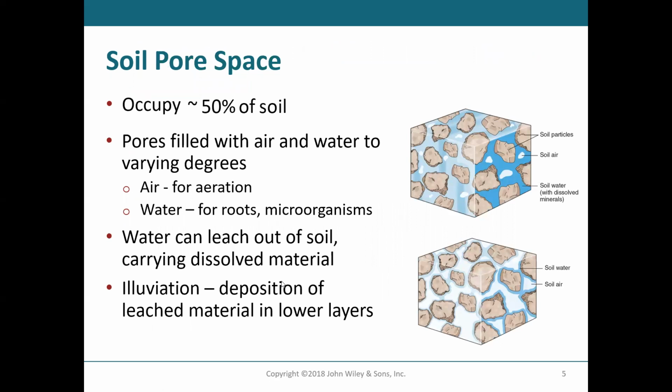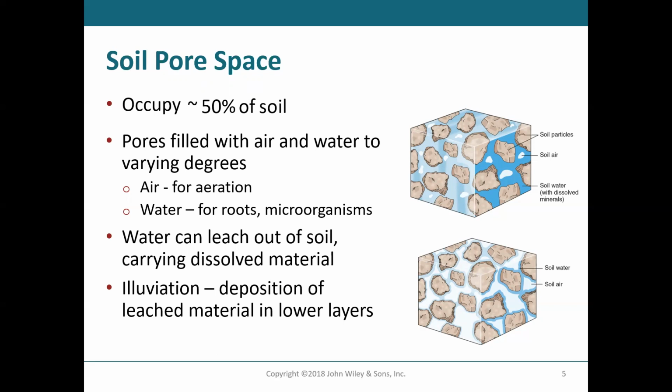Soil pore space. It occupies 50% of the soil, and it's basically air and water depending on how saturated the soil is. It contains a certain percentage of air, which allows for oxygen and hydrogen and all these different gases to flow, and that is aeration. And water is also important because it is used by roots and microorganisms.